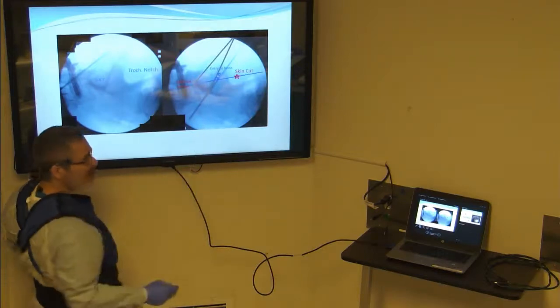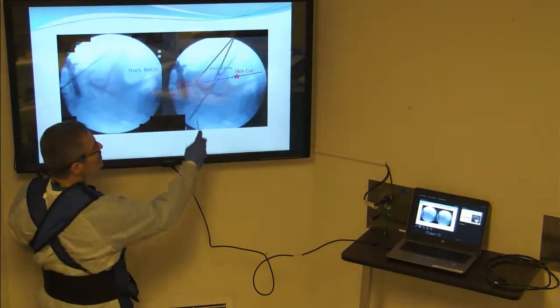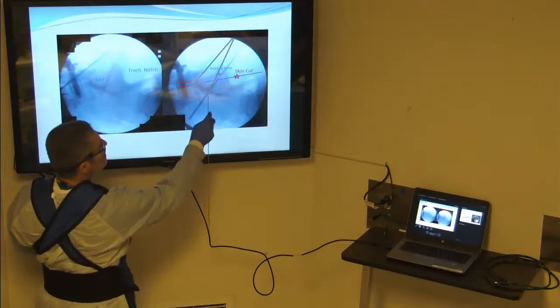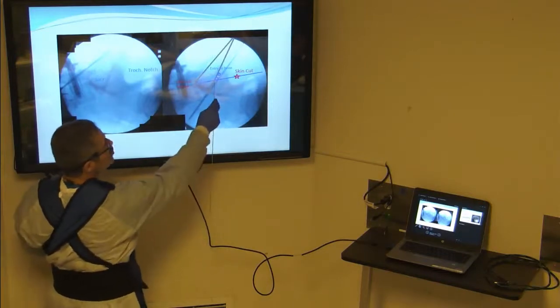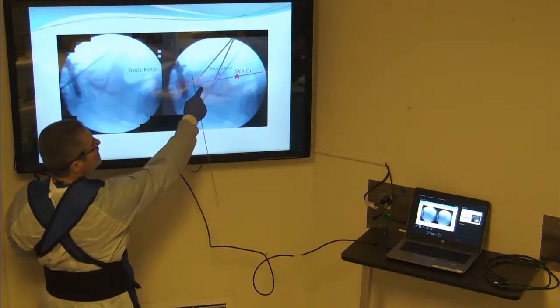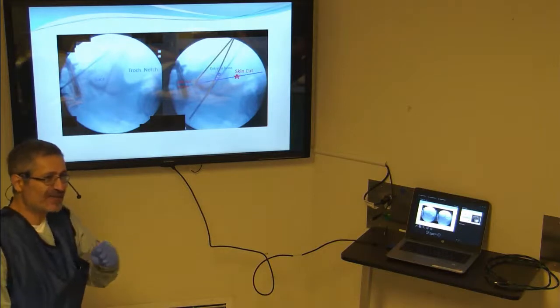You can put your third screw in the S3. So if you would do 3 screws, you could put a screw here, here, and here. If you do the 2 screw technique, I usually use S2 and S3, because many of these patients may need that fusion in the S1. So I'm trying to save that for that.